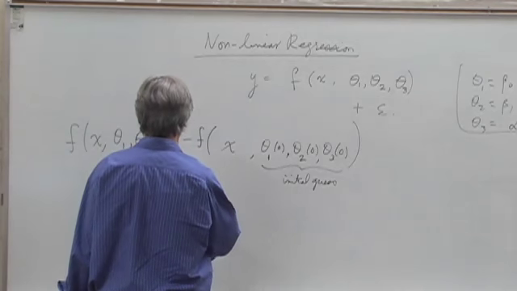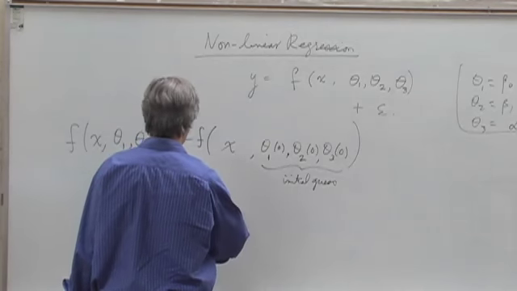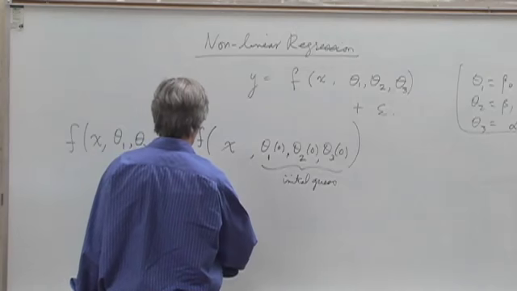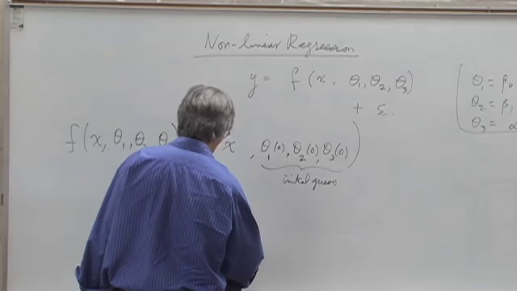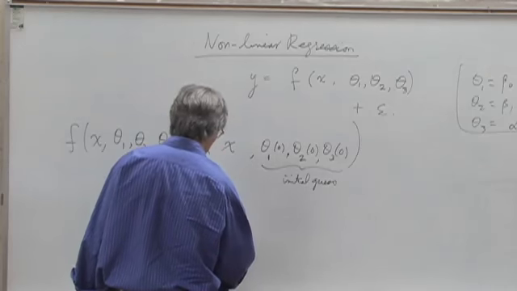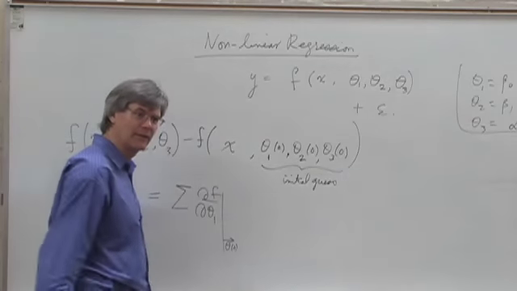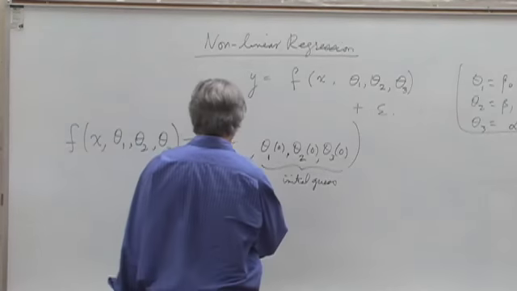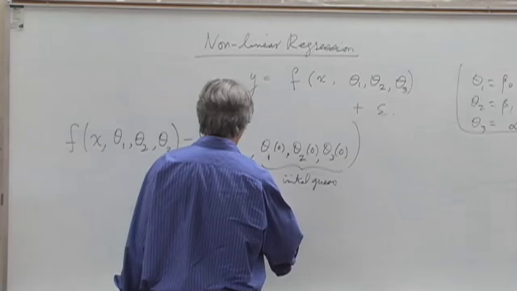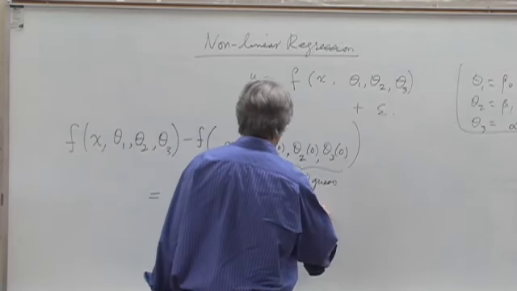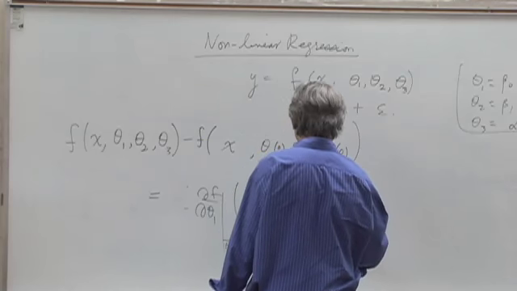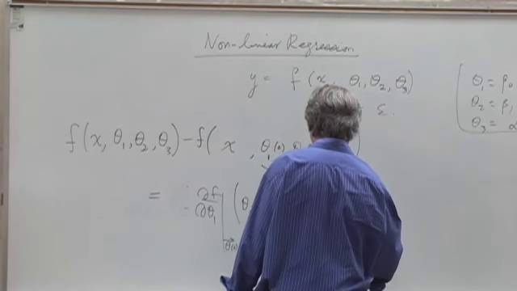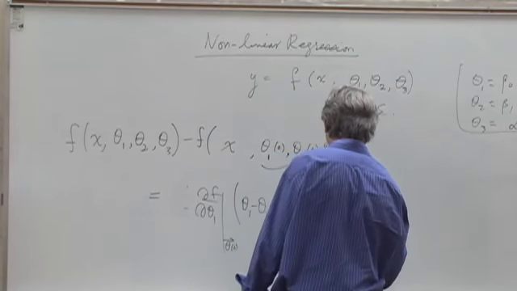In other words, the partial derivative of f with respect to theta 1, evaluated at the theta naught vector, times theta 1 minus theta 1 naught, plus, I won't put the summation sign, I'll just write it out in full, the partial derivative with respect to theta 2 evaluated at theta naught, and of course at x as well.